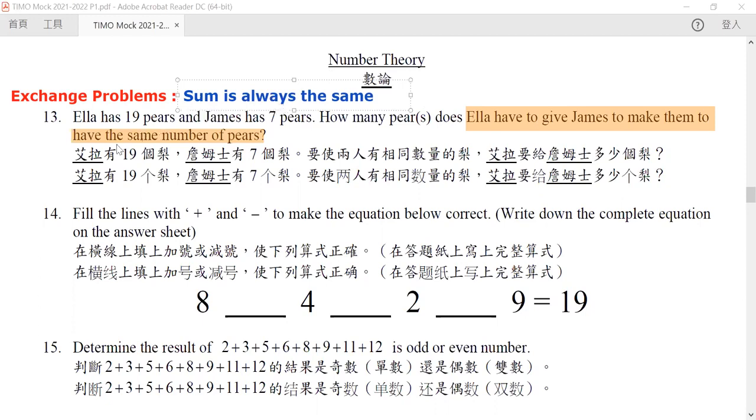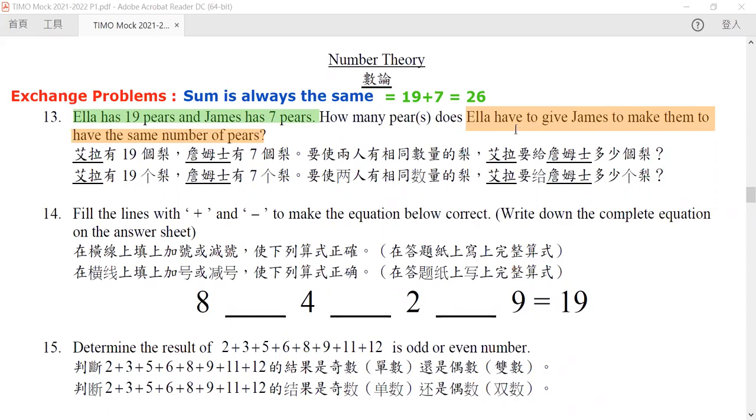So in here, we know that the total sum for our pears will be 19 plus 7, which equals 26. So we know that there are 26 pears in total. And if that's the case, here comes the question.